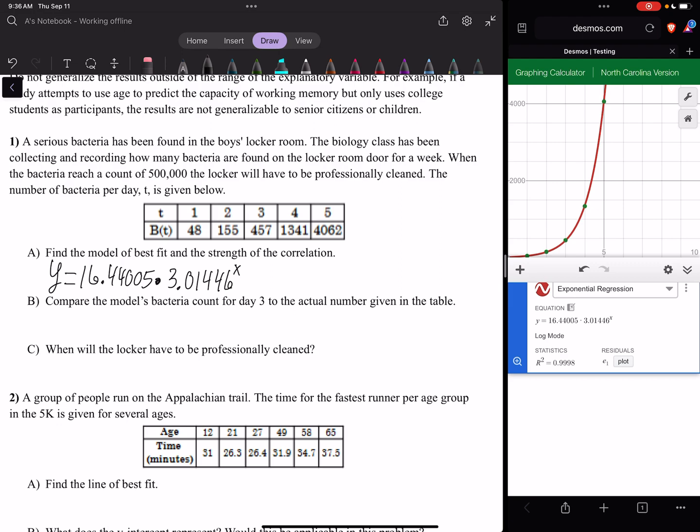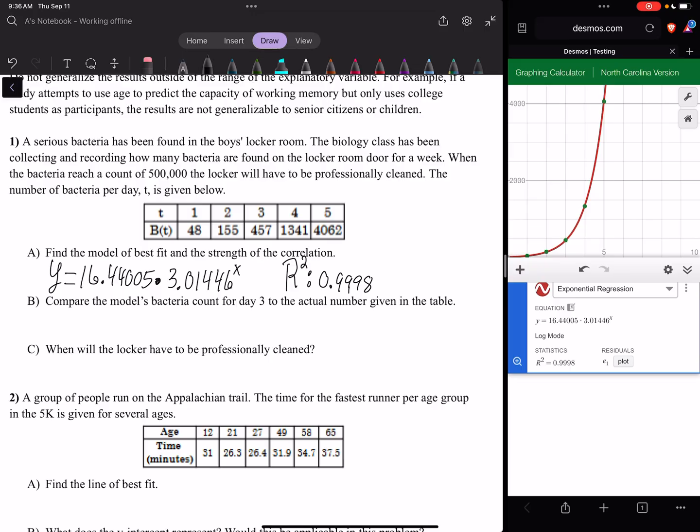The strength of the correlation, R squared, is 0.9998. This is almost perfect.